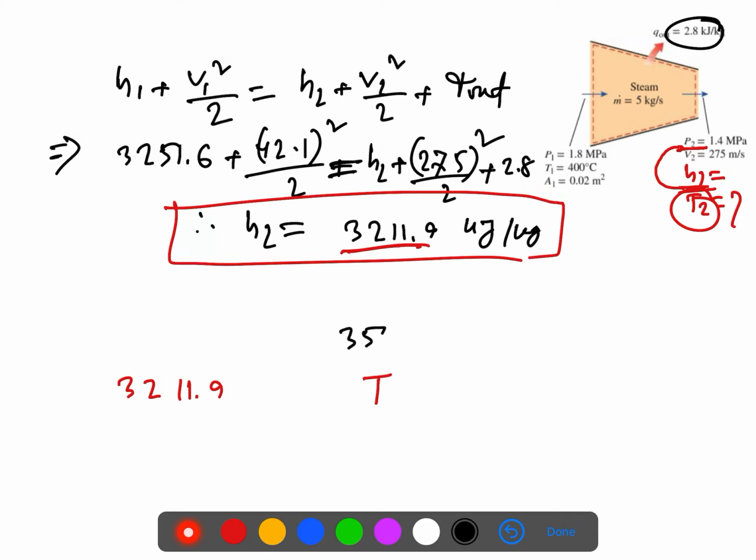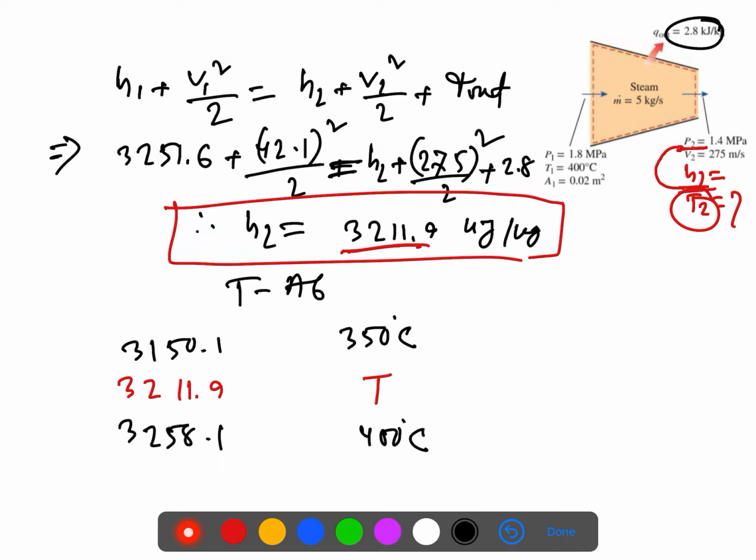For 350 degrees centigrade, the enthalpy is 3150.1, and for 400 degrees centigrade, the enthalpy is 3258.1, from table A6. The enthalpy 3211.9 is in between, so we will get a temperature between 350 and 400.